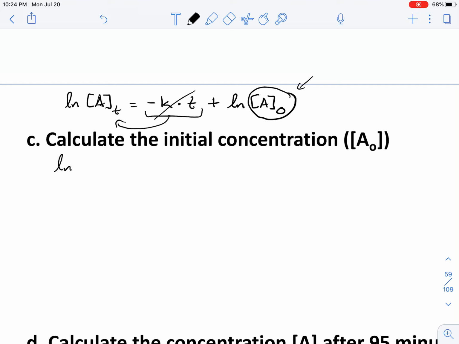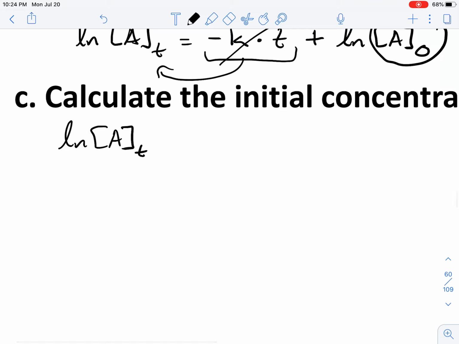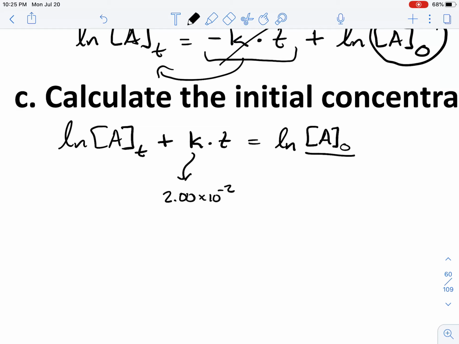And so the natural log of the concentration of A at any given time period plus K times T is equal to the natural log of the initial concentration. Okay. And so for us to solve for this term, we need to plug in some values. And so K is given to us from part A, which is 2.00 times 10 to the negative 2, 1 per minute.